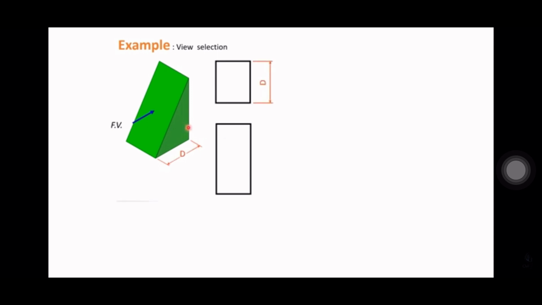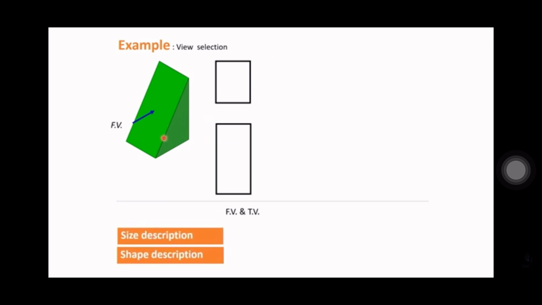This is the depth, and then when you see from the right side, you will understand there is a triangular shape, but from this top view and front view, you can't understand. Either it's a wedge or it's a triangular or what, but it could be a box.